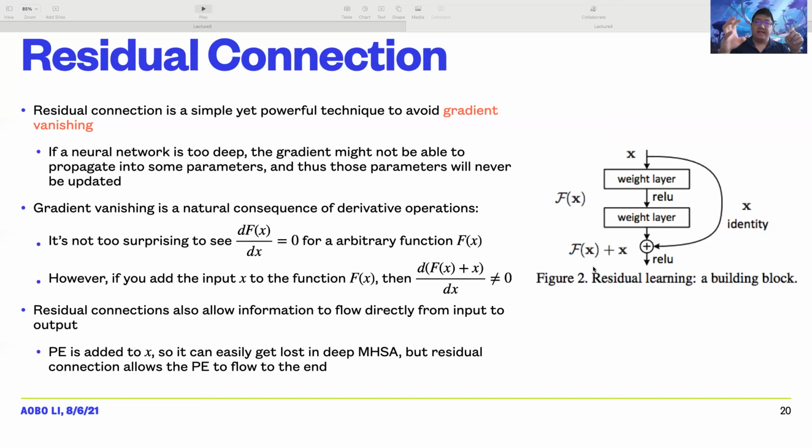So it can easily get lost in a deep multi-head self-attention neural network. But the MHSA module actually contains a residual connection, which allows the positional encoding information to flow directly to the output. And thus, we can utilize this information for the purpose of our model design.